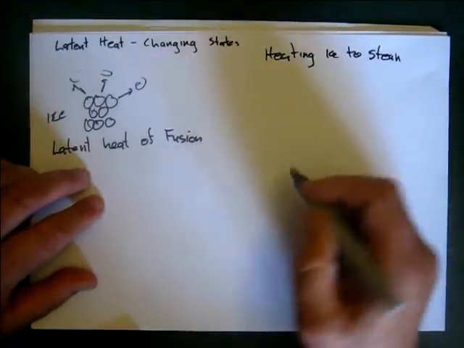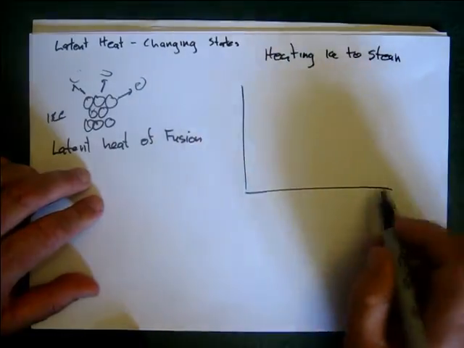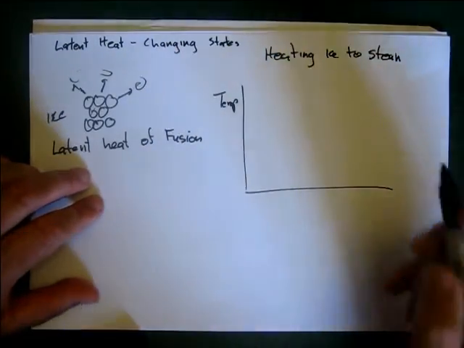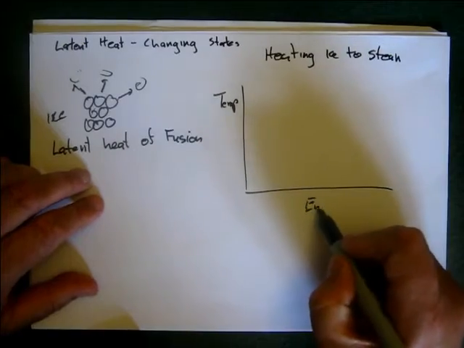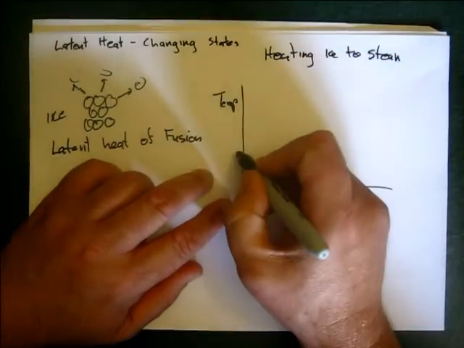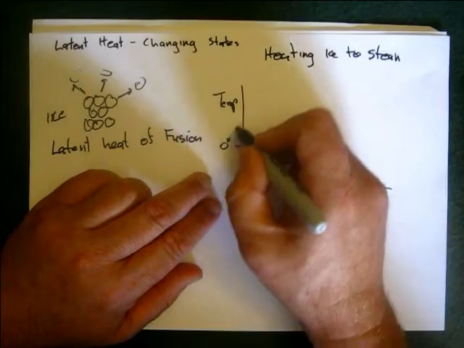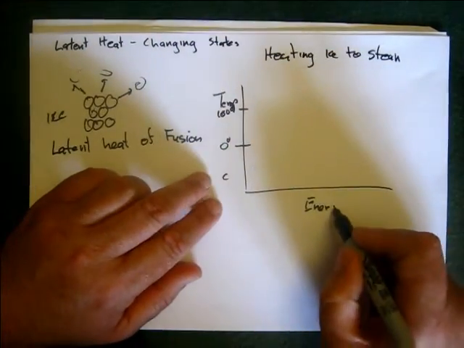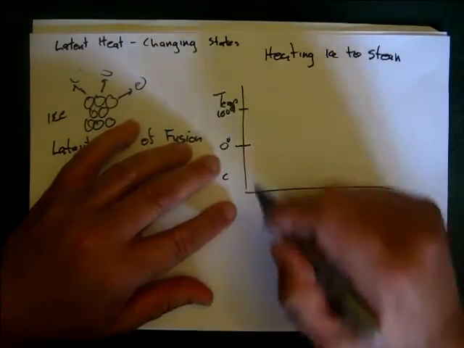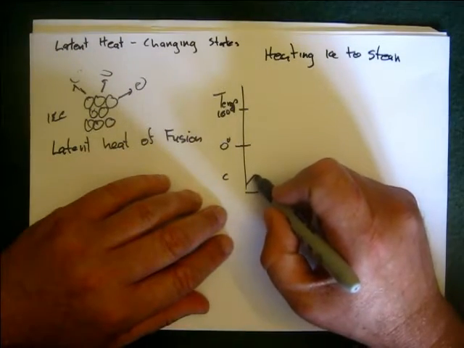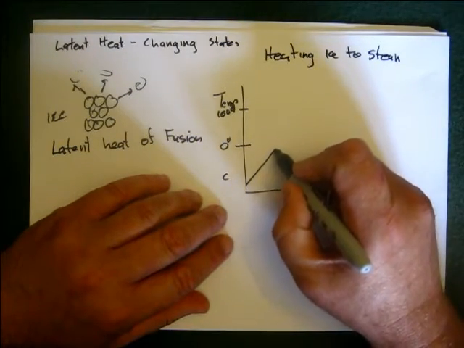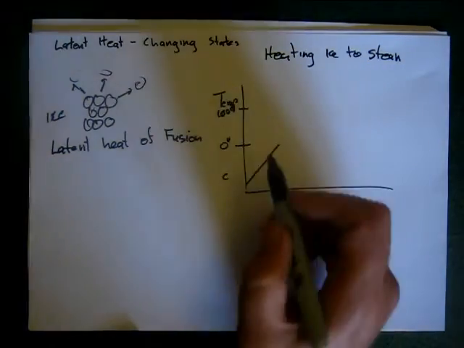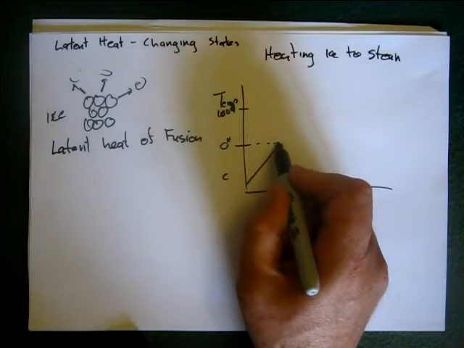If we have a lump of ice and we've got the temperature here, temp, and the energy supplied here, we go up to 0 degrees and 100 degrees, and these are in C. As we heat up, the ice gets warmer and warmer until it hits 0 degrees.